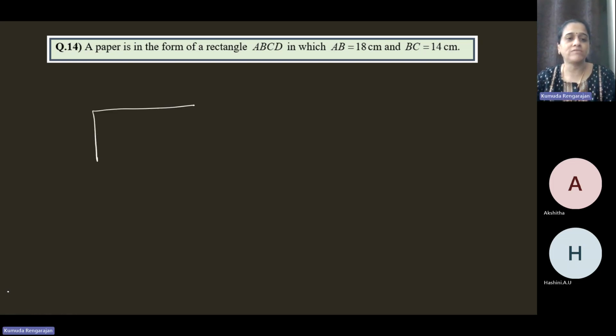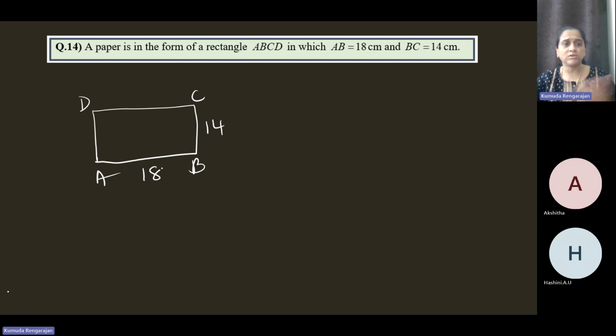A paper is in the form of a rectangle. So A, B, C, D like this. AB is 18 and BC is 14. How do you find the area of the rectangle? No, a paper is in the form of a rectangle. Find area.